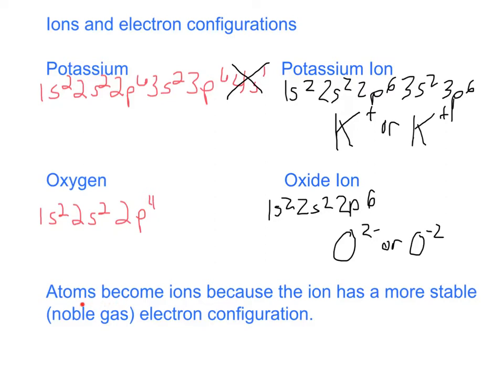So any chemical bonding and reactions that happen are going to move the electrons to a lower, more stable, lower energy state, like that noble gas. We'll expand on that more later. For now, we just want you to recognize how you're going to write an ionic symbol. We generally don't show the entire electron configuration. We just show the element symbol and what its overall charge is. Alright, let's go on to the next thing.